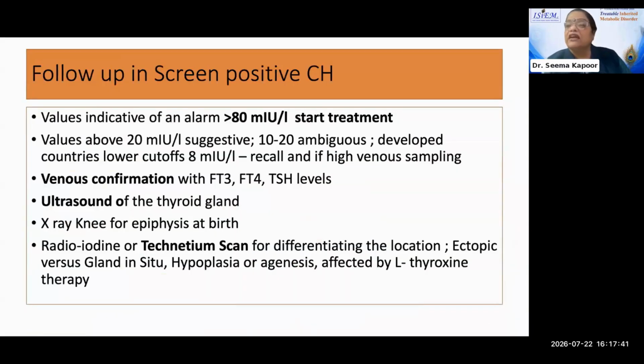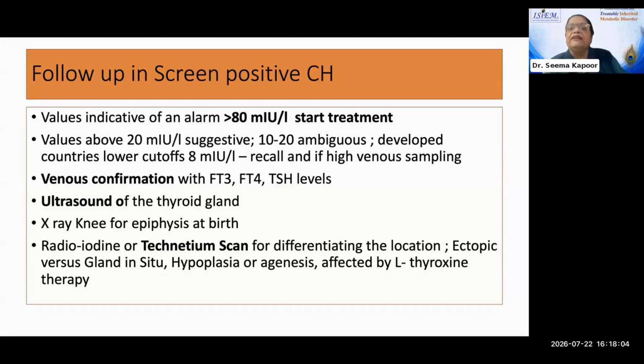So let's look at what the cutoffs are. Now, very, very important, three statements. Please remember this. Any value you get more than 80 milli international units per liter, start treatment immediately.